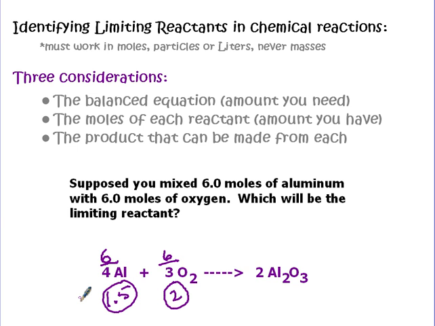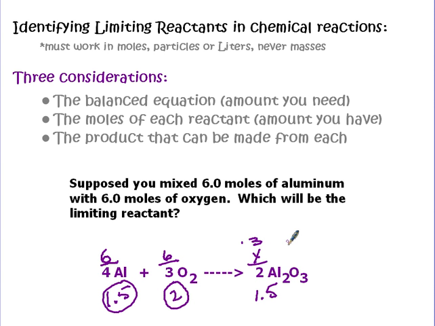Now, if you wanted to know how much of the aluminum oxide you get, you could take this 1.5 and use that now over here. See, so I could say, all right, so I can do this 1.5 times. So 1.5 times my 2, what are you going to get up here? It's going to be 3.